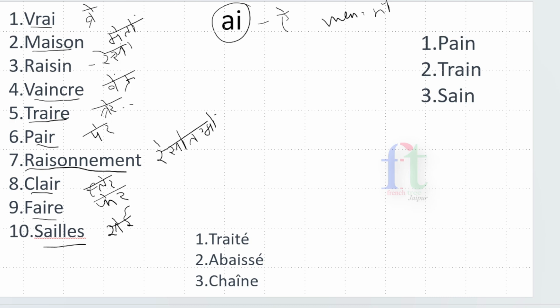But if it is in combination with N, then it changes a little bit. The sound will become, instead of A, like pain, train, sain. Got it?